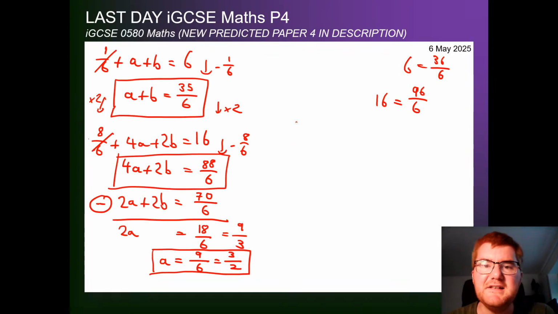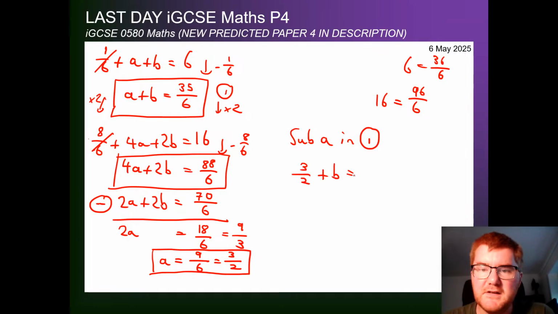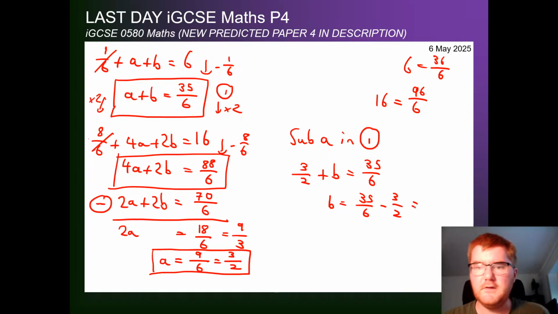Once we know what a is here, we can sub a into this first equation. This gives us then 3 over 2 plus b is equal to 35 over 6. So we subtract 3 over 2 from both sides. And we can just pop it in.